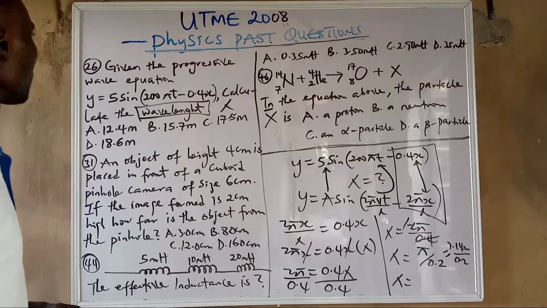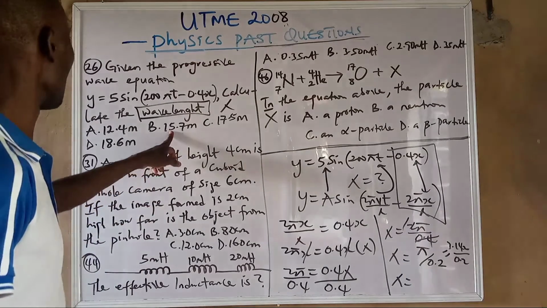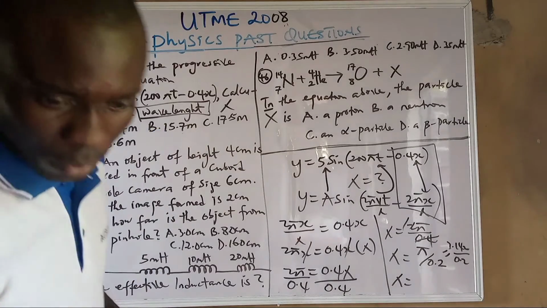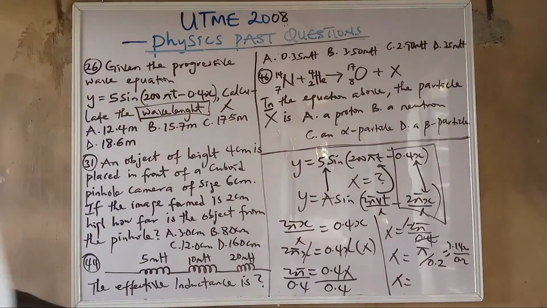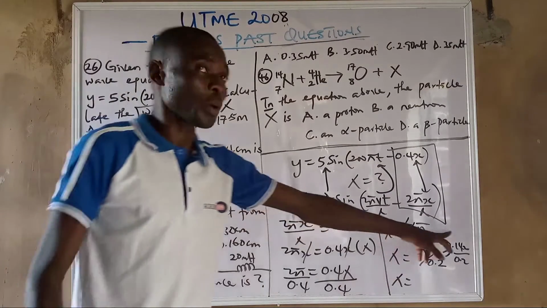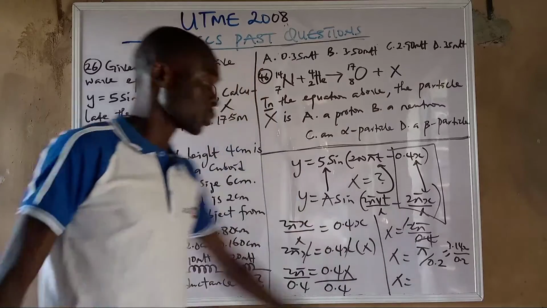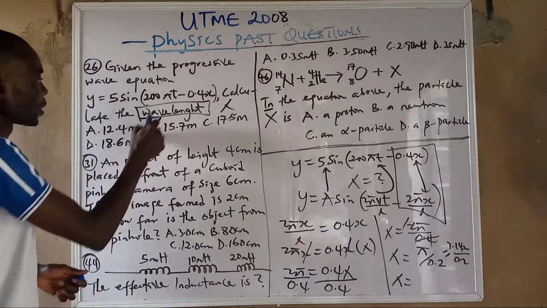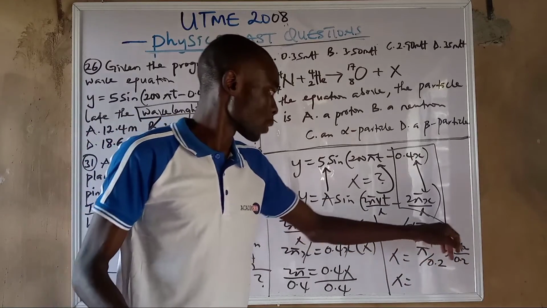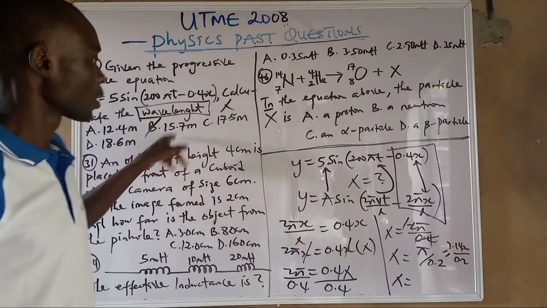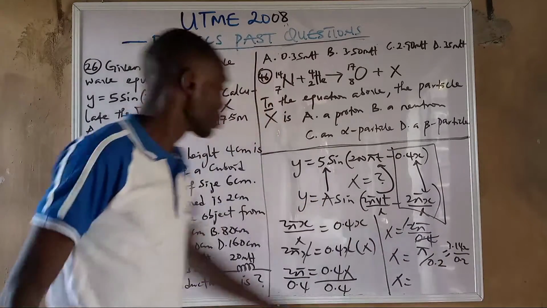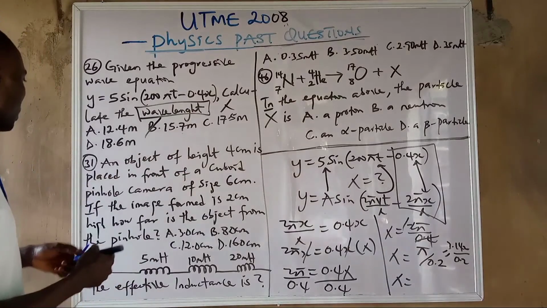I guess 1.57 would be a mistake. After calculating 3.142 over 0.2, you are going to get 15.7. So either you press it directly as 2 times 3.142 over 0.4, or you divide and have 3.142 over 0.2, you still have 15.7 as the answer.